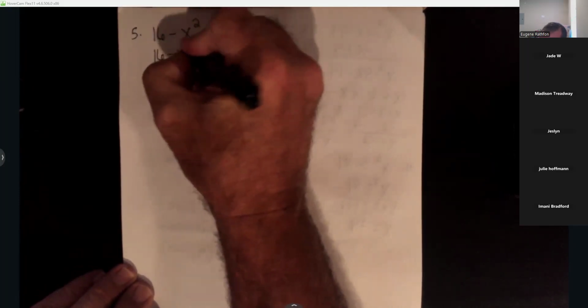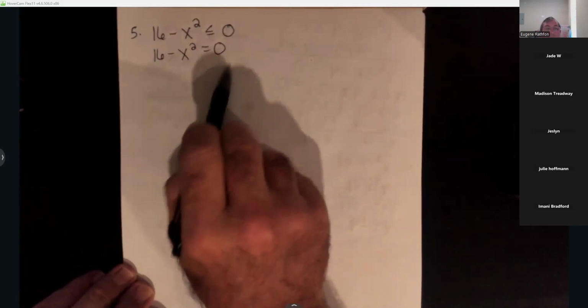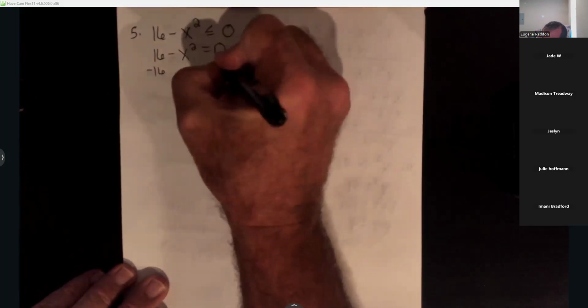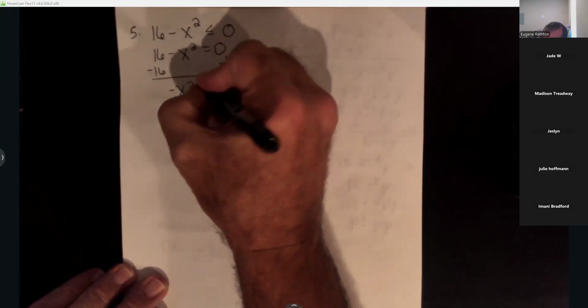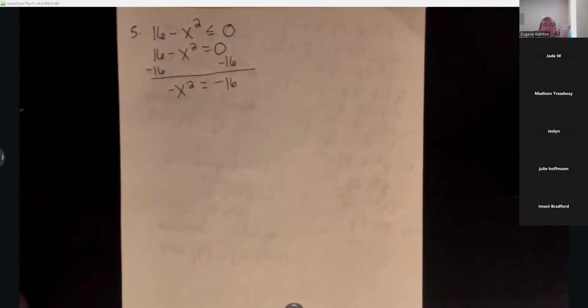But I'm going to solve this by setting it equal to 0. Move the 16 over by subtracting 16. So y'all, those cancel. I get a negative x squared equals -16.